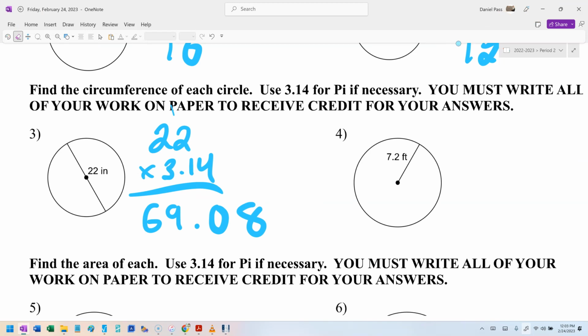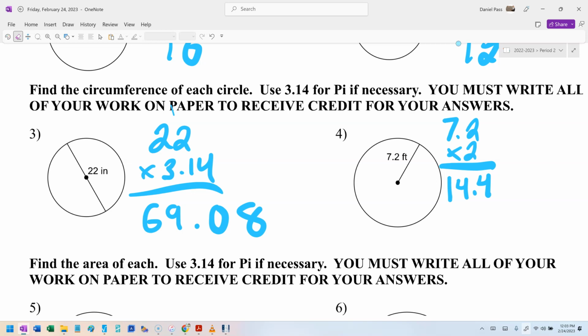Oh yeah, someone else is going to do the next one, right? Let me find the name. Oh no, you're doing this one. Okay. So how do we do number 4? 7.2 times 2. Right. First, we have to turn it into the diameter. Okay, so it's 14.4.